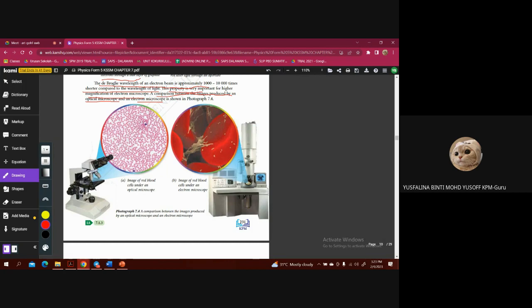With this one, you can see the red blood cell itself. So this is the comparison between an optical microscope and an electron microscope. This property is very important because the de Broglie wavelength of an electron beam is approximately 1,000 to 10,000 times shorter. It has to be shorter so you can see more clearly.